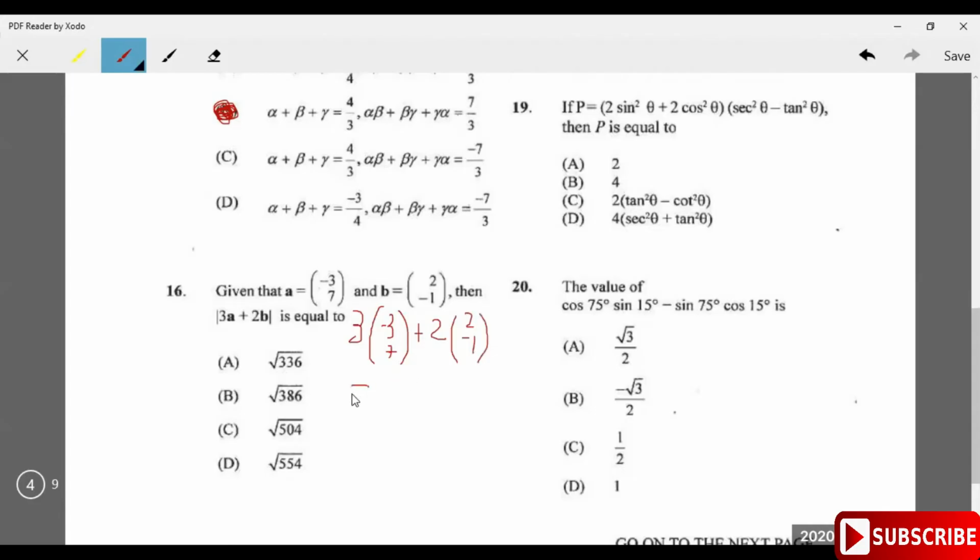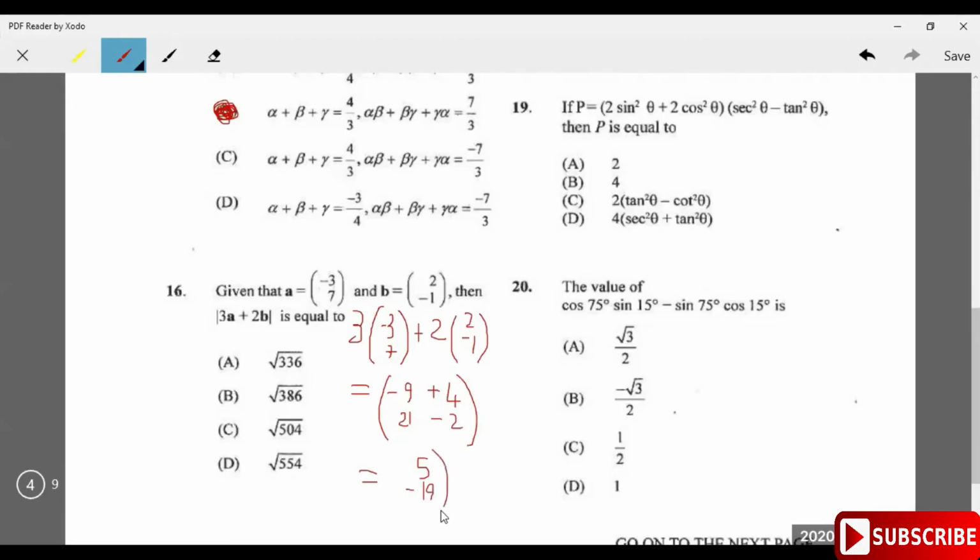That's going to work out to be 3 times minus 3, that's minus 9. 3 times 7, that's 21. And we're going to add that to 2 times 2, which is 4. Then 2 times minus 1 is minus 2. And so the vector that we're getting looks to be 5, minus 19.